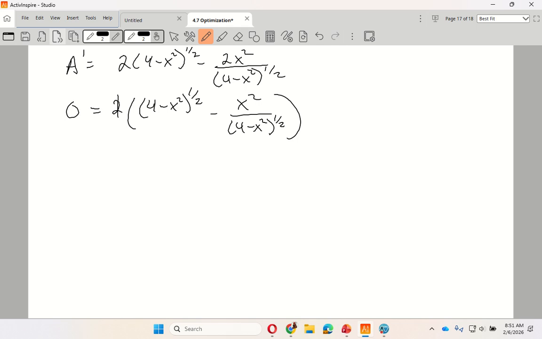Right now, since this is over 1, I have a fraction over there, so I'm going to multiply both sides by the common denominator. My common denominator here is going to be 4 minus x squared to the 1/2.